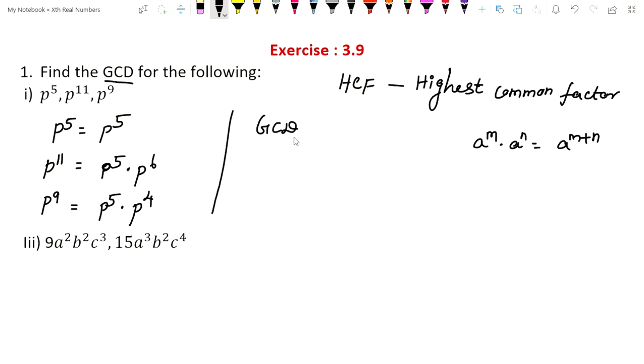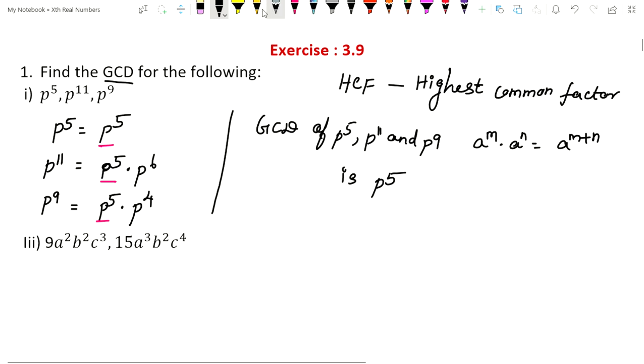Now you find the GCD. Here p power 5 is present in all those terms: p power 5, p power 5, p power 5. So the GCD of p power 5, p power 11 and p power 9 is p power 5.